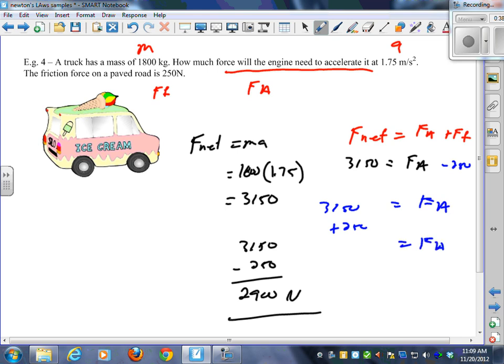The applied force is 3,400. Don't make this mistake. Write the formula, put the sign in the right place, and do the math, and it will work out for you. Do you see the mistake you made? I hope you do.